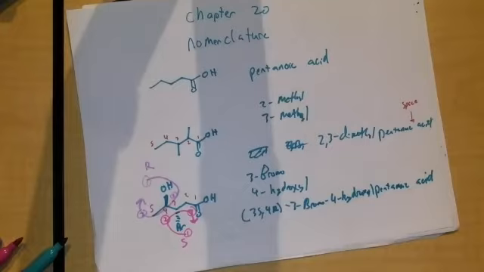There's a lot of reactions dealing with carboxylic acids we've already talked about, so I'll go through them pretty quickly. To make a carboxylic acid, we already know a few ways.